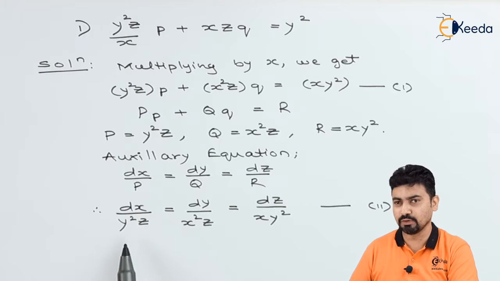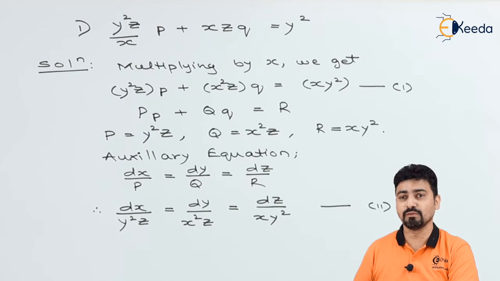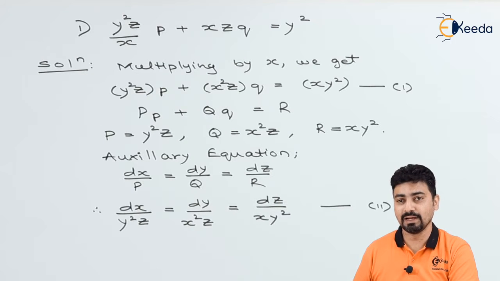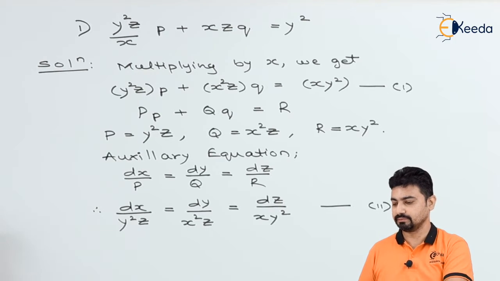We have dx upon y square z, dy upon x square z, dz upon xy square. Let us solve this auxiliary equation and get the solution of our first equation by integrating method. Now there are three methods which we have mentioned: method of grouping, method of multipliers, or combination of both. In this case we'll be using method of grouping. Let us see how to do that.